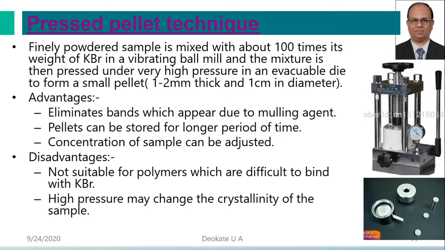But it has certain disadvantages: it is not suitable for polymers which are difficult to bind with KBr. And the pressure used to compress this material may change the crystalline nature of the sample, which is known as polymorphism. Due to the higher pressure, the crystal form may change to a certain polymorphic form which is not desired.